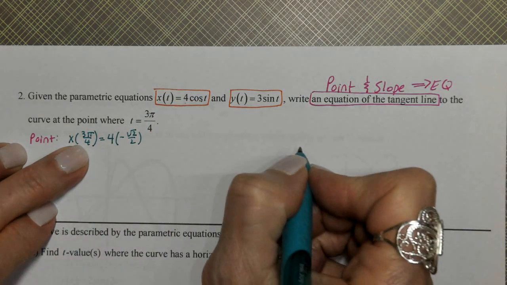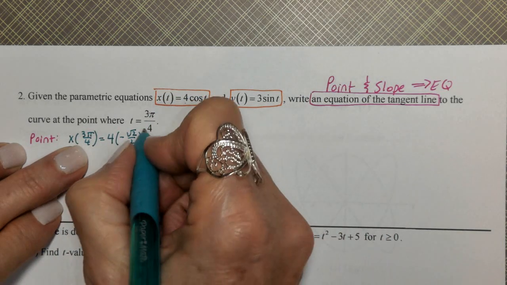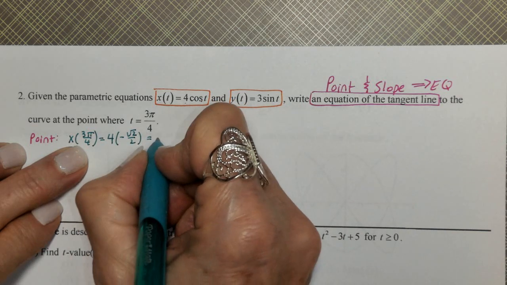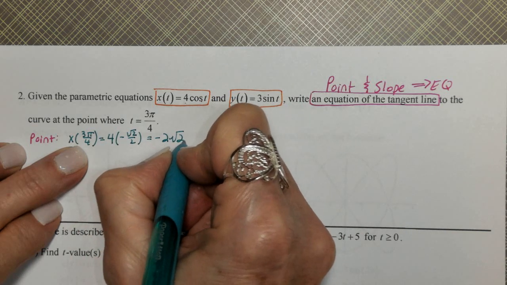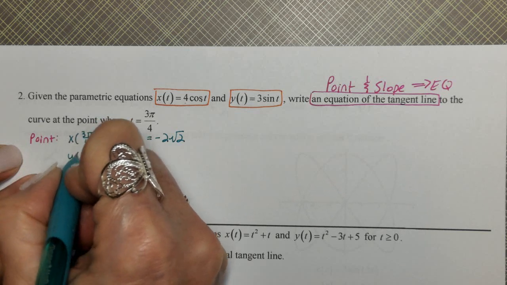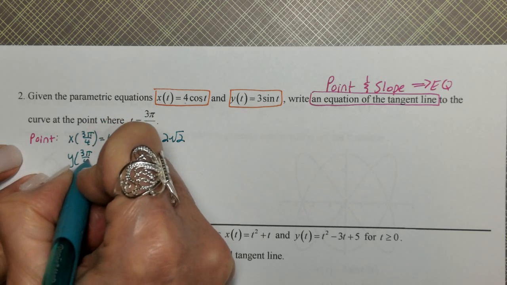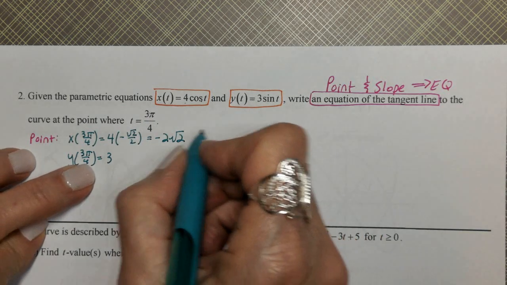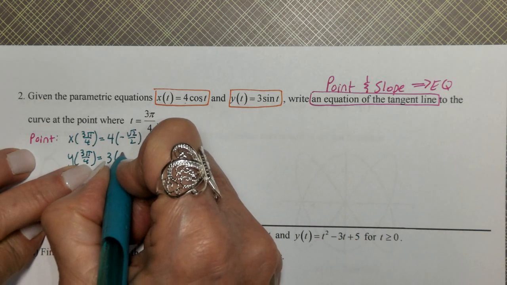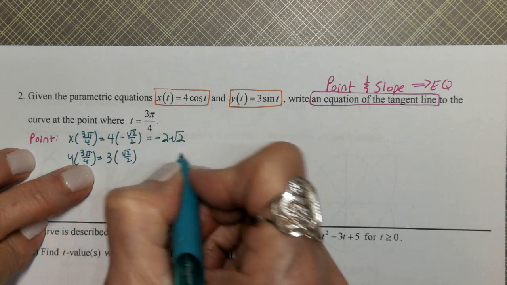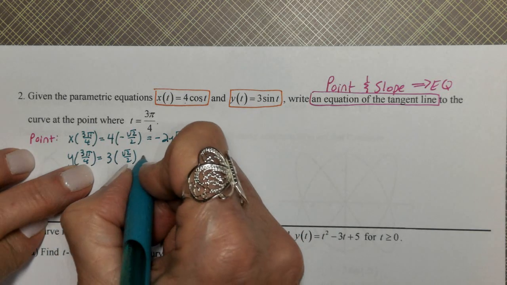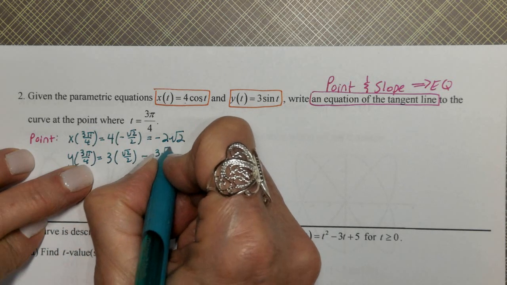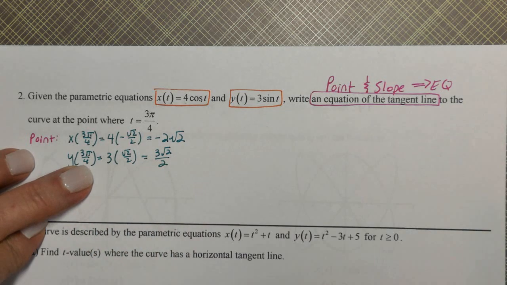It's over there in the second quadrant. So that is negative 2 square root of 2. Y at 3 pi over 4 is 3 sine of 3 pi over 4. Sine of 3 pi over 4 is square root of 2 over 2, positive in the second quadrant for sine. So this is 3 square root of 2 over 2.